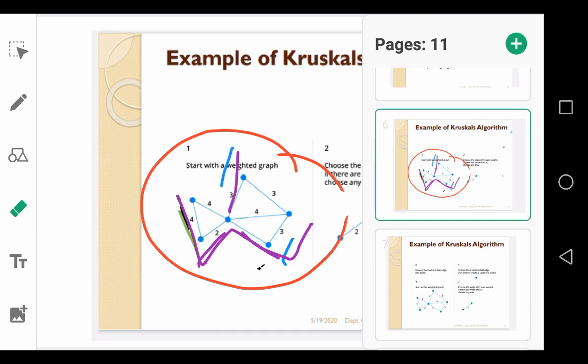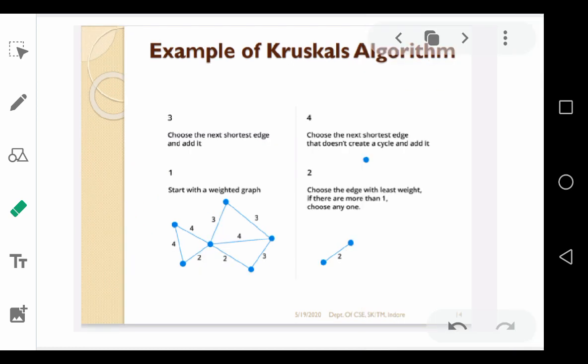The only difference is how we choose the edges in Kruskal's algorithm. The simple thing is that in this algorithm the minimum cost edge has to be selected, but it is not necessary that the selected optimum edges should be adjacent.